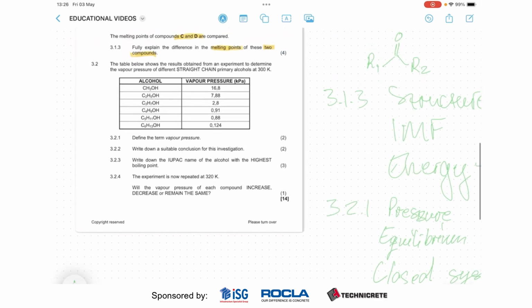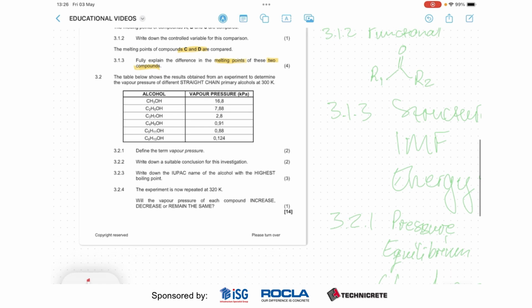Okay, so question 3.2.2, write down a suitable conclusion for this investigation. Let's have a look at our results and see if we can surmise anything. Initially we have a vapor pressure of 16, and we have a primary alcohol.